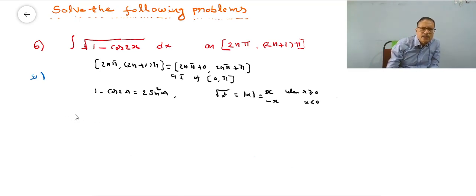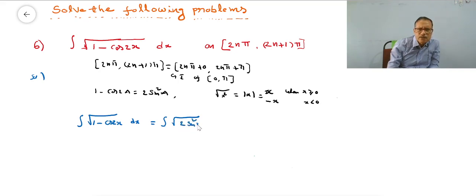Now I am going to solve this problem. Integral of root of 1 minus cos 2x dx. So that is equal to integral of root of, by this 1 minus cos 2a is equal to 2 sin square a, 1 minus cos 2x is equal to 2 into sin square x dx.